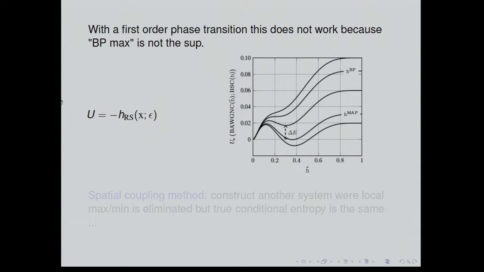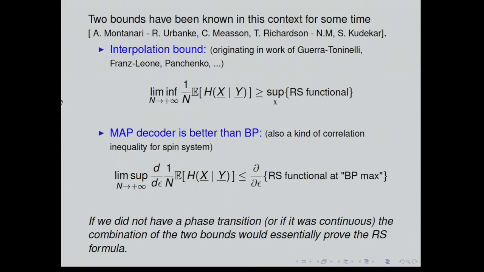And you see, when you have a first order phase transition as a function of epsilon, this family of curves develops a local minimum here. That's why you cannot replace this belief propagation maximum.